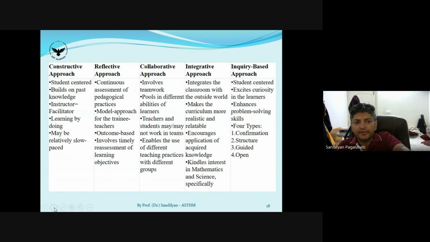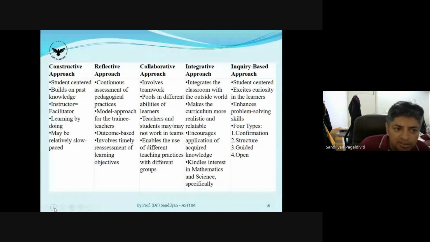I have given a little bit of detail about each of these approaches. For example, the constructive approach is student centered. It builds on past knowledge. The reflective approach is continuous assessment. It is a model approach for trainees. It's outcome based. Collaborative involves teamwork.